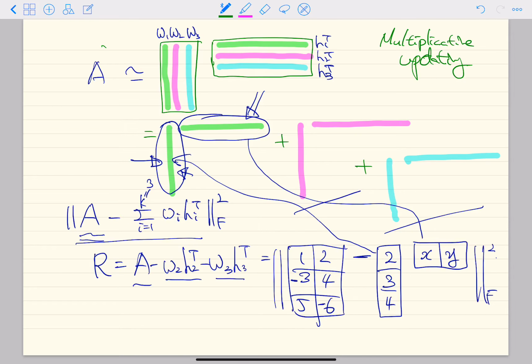The initial algorithm originally proposed in one of the early stage NMF papers was this multiplicative updating, and they have their own derivations, but at a high level they follow this single variable block coordinate descent.